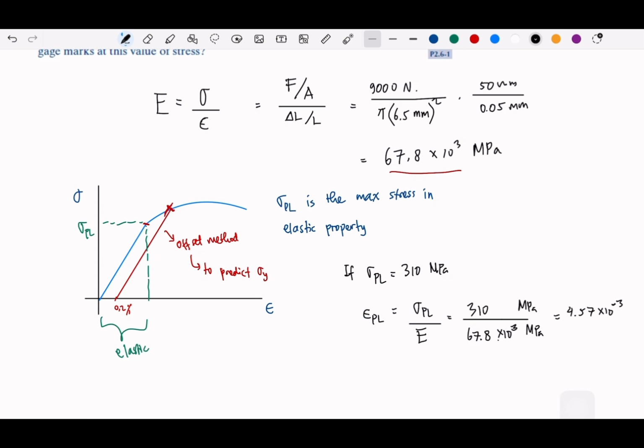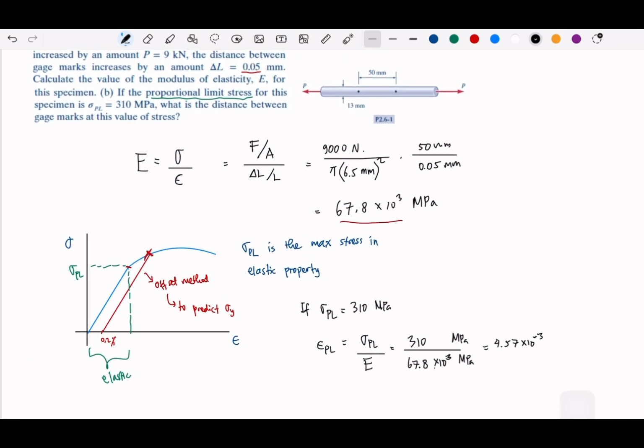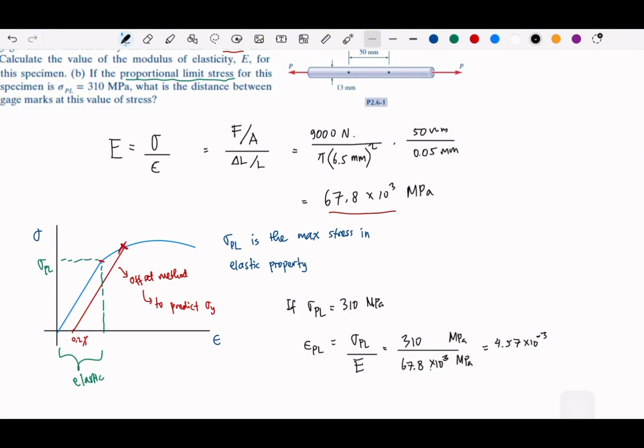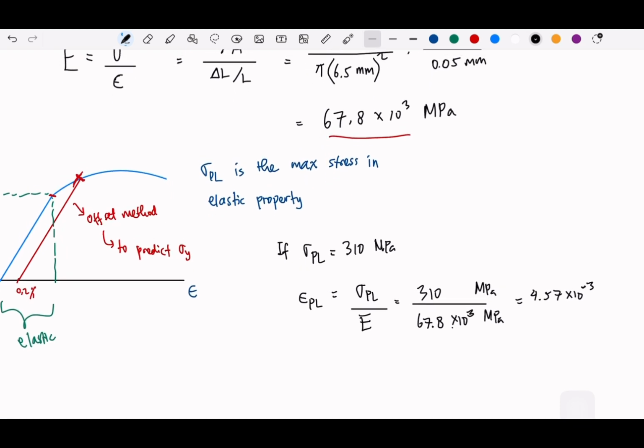Okay, now this is the strain. Remember, the question is asking the distance, right? So the final distance. So distance we could get from the delta L over L equal the strain. So the delta L will be the final length minus the original length, 50 millimeter, divided with the 50 millimeter. This will equal the strain, which is 4.57.